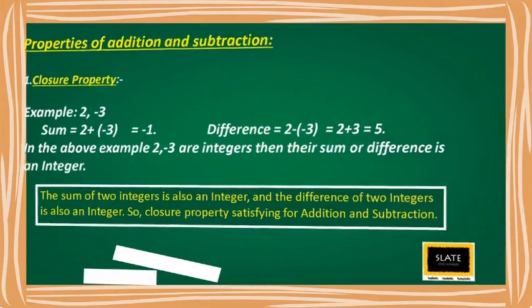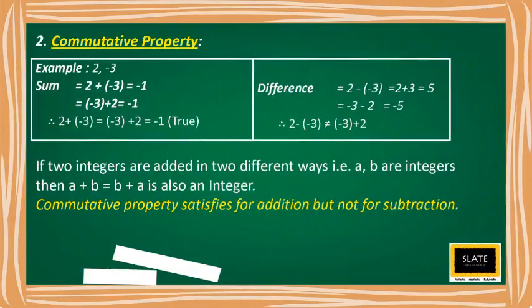Now let's see commutative property. Let us add any two integers irrespective of the order in which they are given. Let's begin with an example.